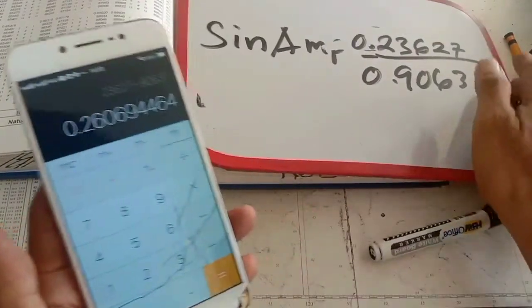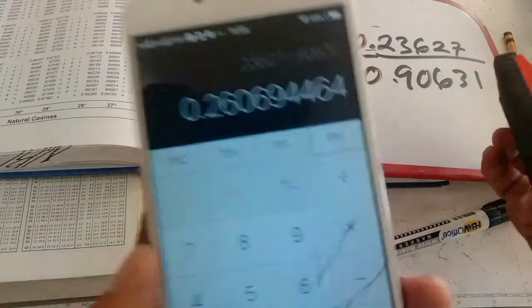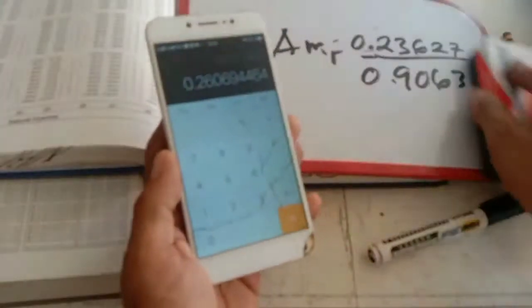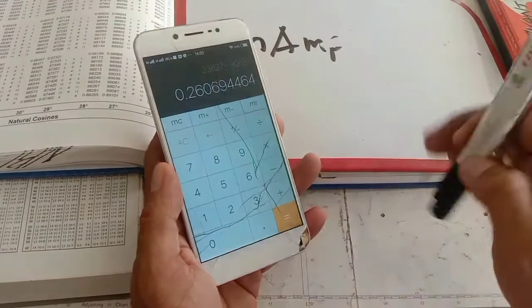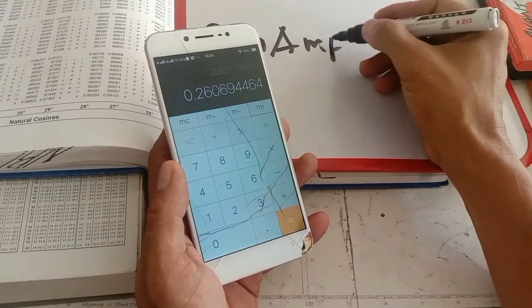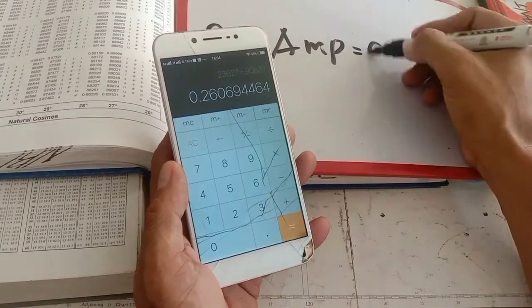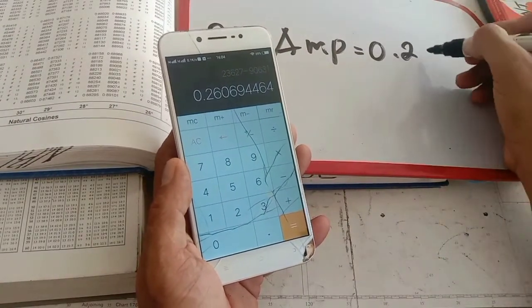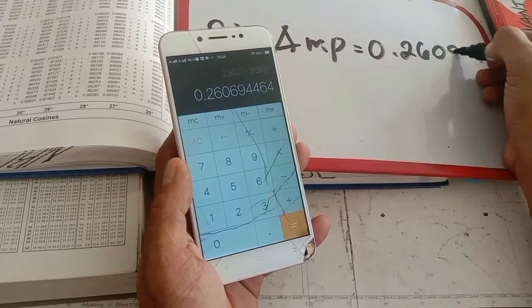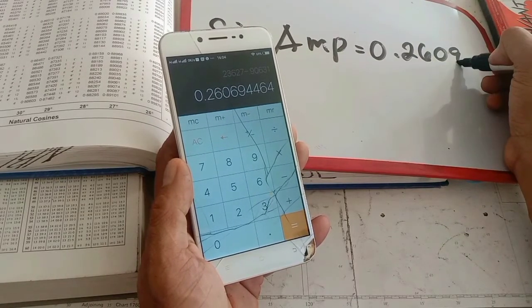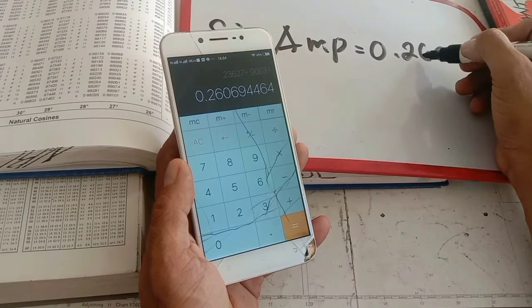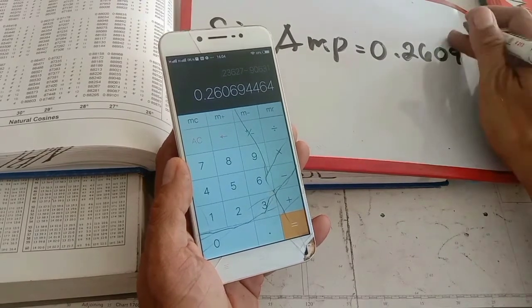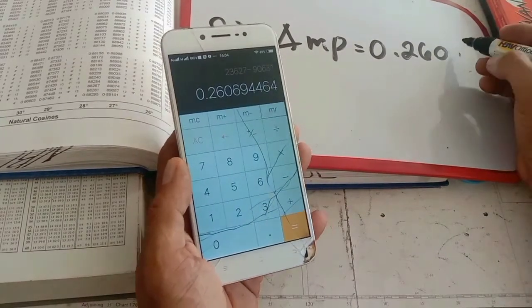So, ito na ang sine amplitude. After ma-divide natin is 0.02609. Mali. 0.2607.